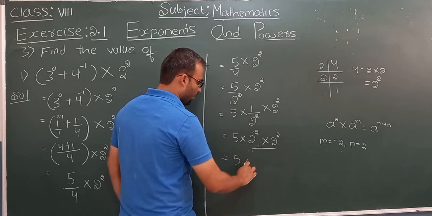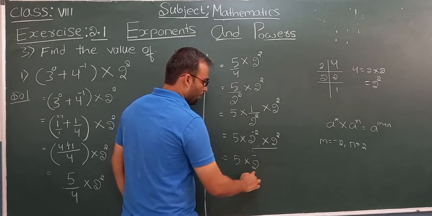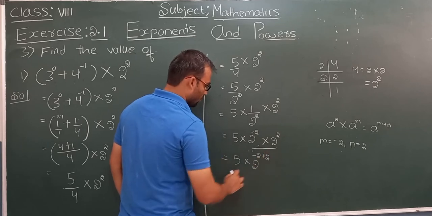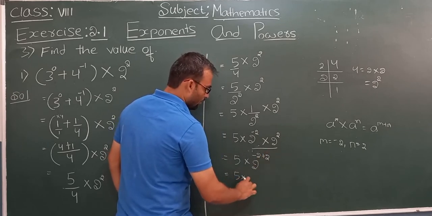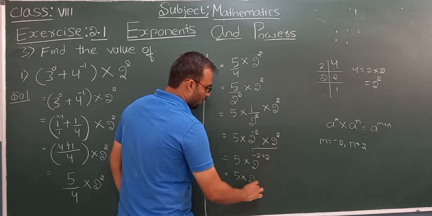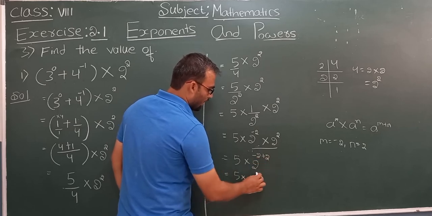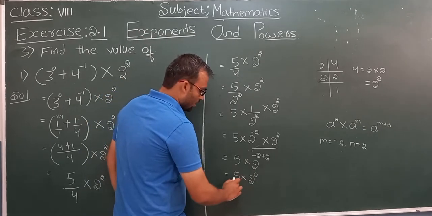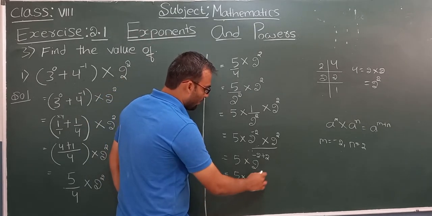Now 5 into a to the power m plus n, m is minus 2 plus n is 2. So 5 into 2 to the power, minus 2 plus 2, will be 0. So we are getting 5 into 2 power 0.